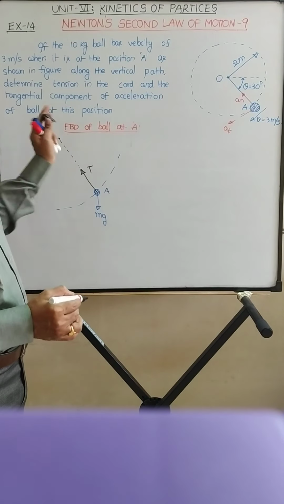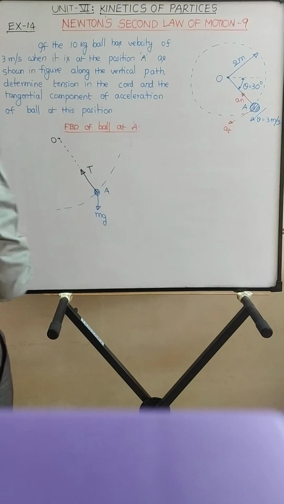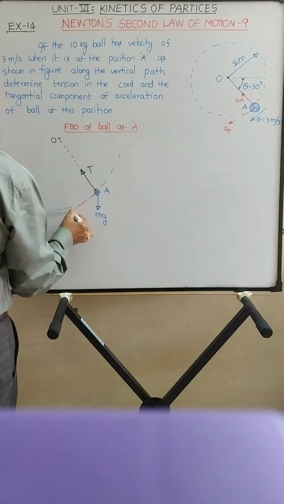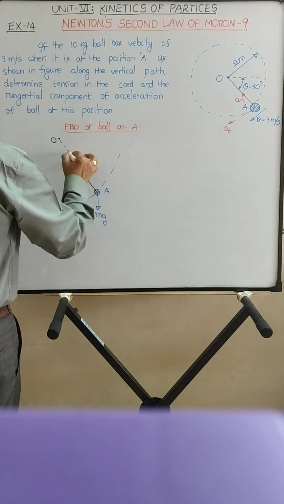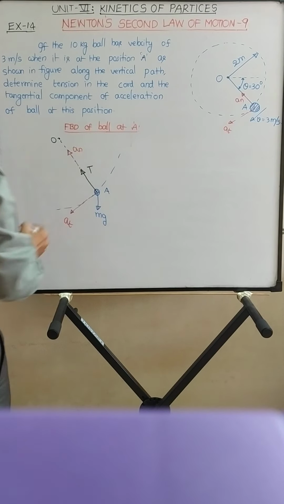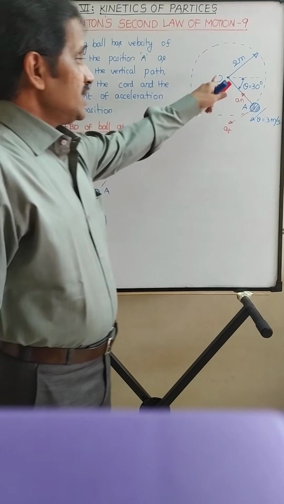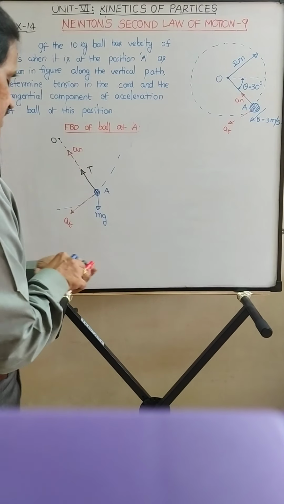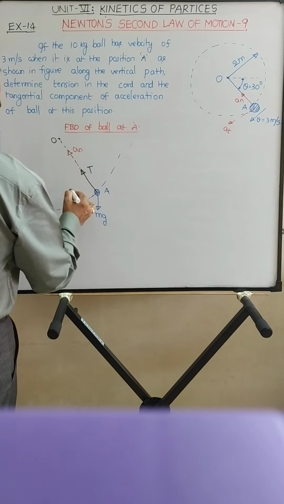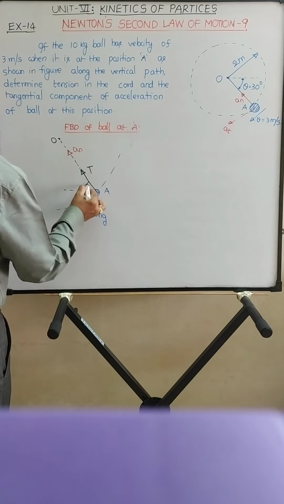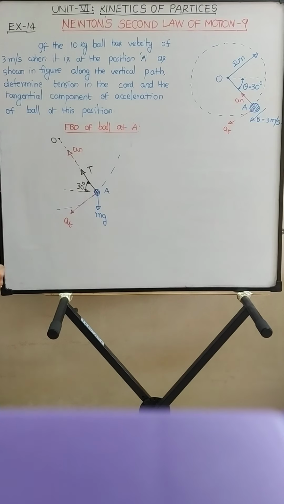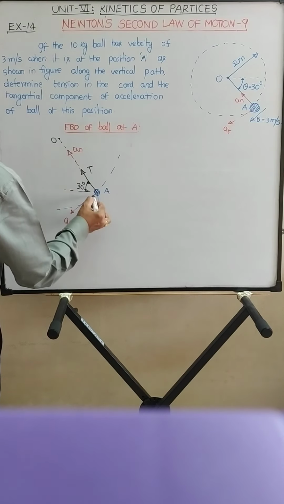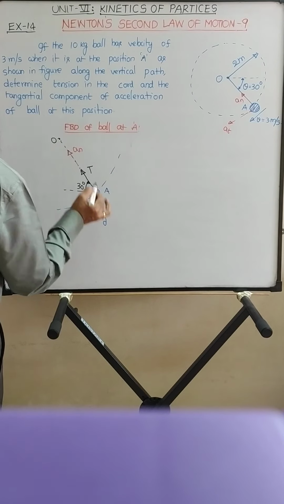Say T is the tension in the cord, and this ball will have tangential component of acceleration AT and normal component of acceleration AN. So the string is making an angle 30 degrees with respect to horizontal. So it is given 30 degrees. So we have this is 60 and hence this is again 30.